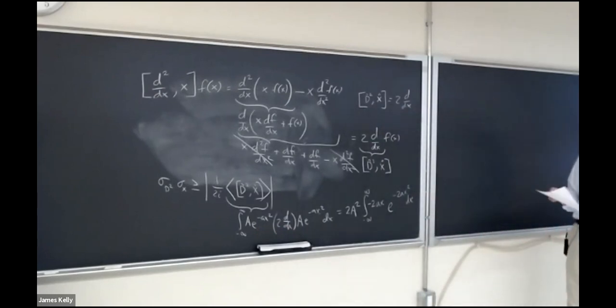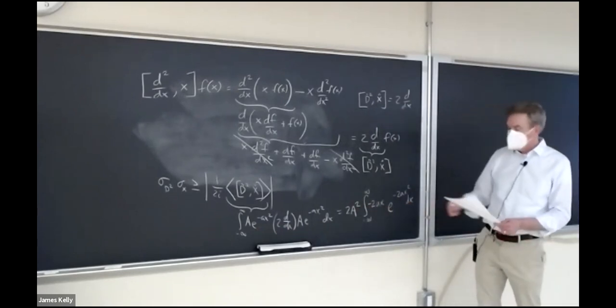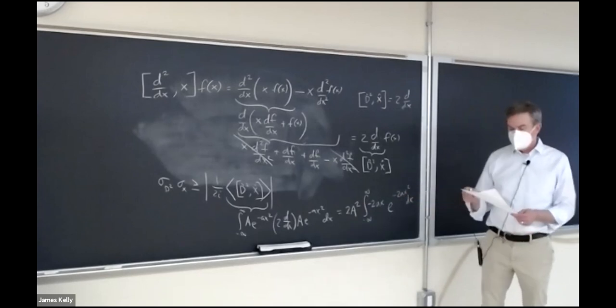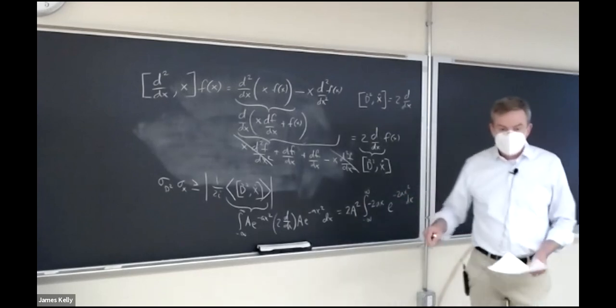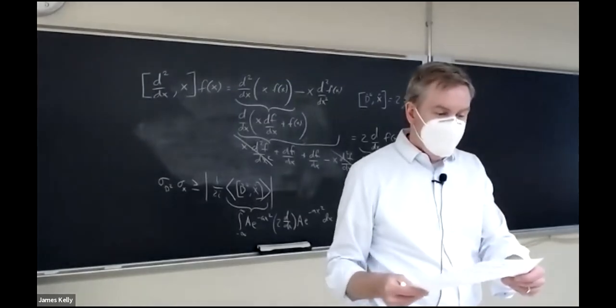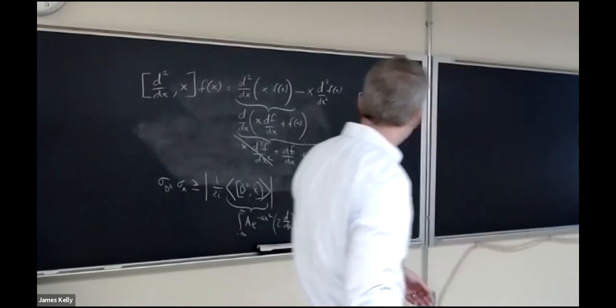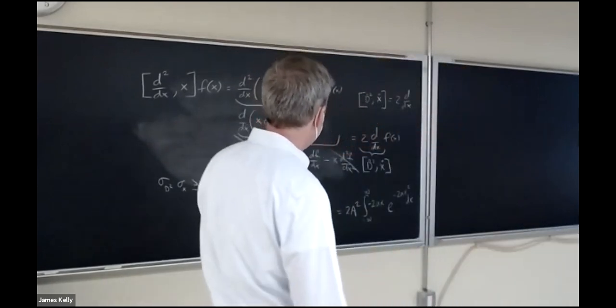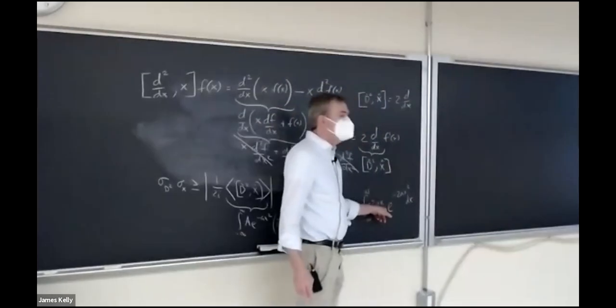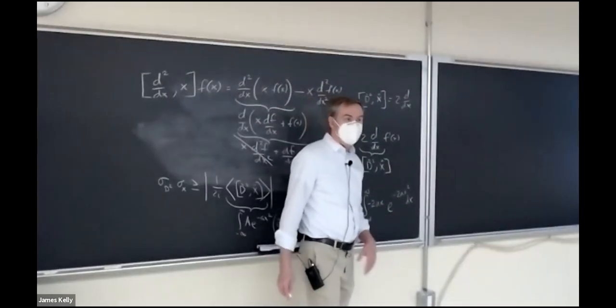Okay, so you can factor these constants out in front. So I have x times e to the minus a constant times x squared. And I look at my Gaussian integrals, but in this case, I don't need to look at my Gaussian integrals, right? Why? It's an odd function, symmetric limits.